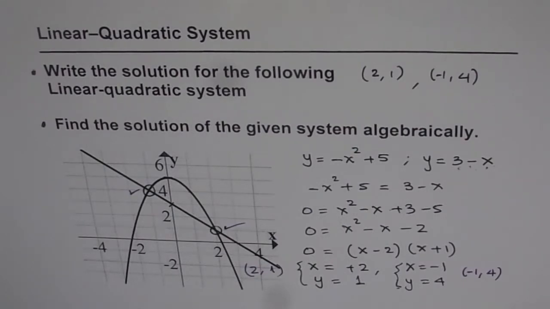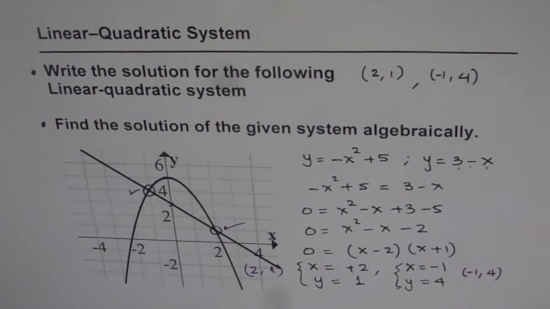But from here, you understand what a linear-quadratic system is. A linear-quadratic system is any system in which you have at least one line along with one parabola with a quadratic equation, correct? And when we say solution to those, that means we are trying to find points of intersection or the points which are common to both.